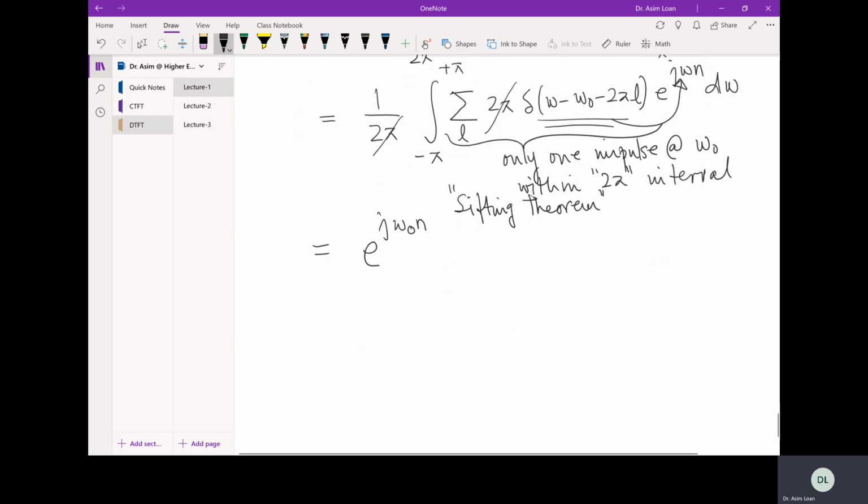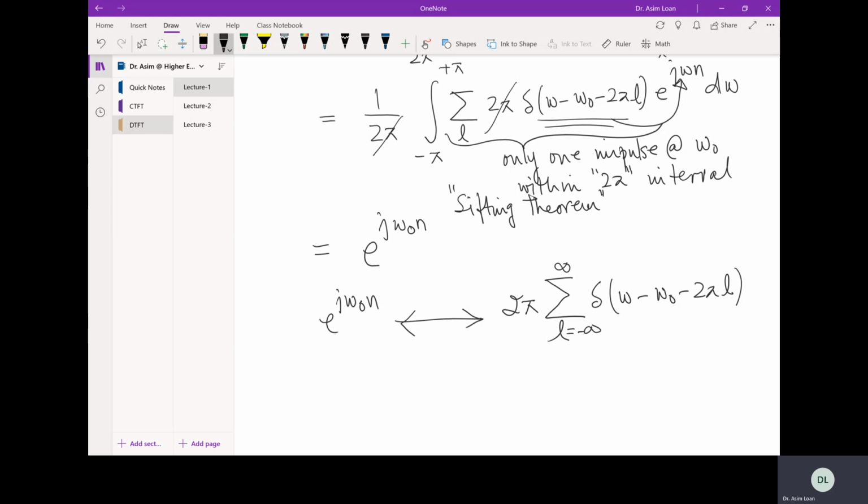Okay, so e^(jω0 n) has a Fourier transform of summation, 2 pi summation, L goes from minus infinity to plus infinity, delta omega minus omega naught minus 2 pi L.